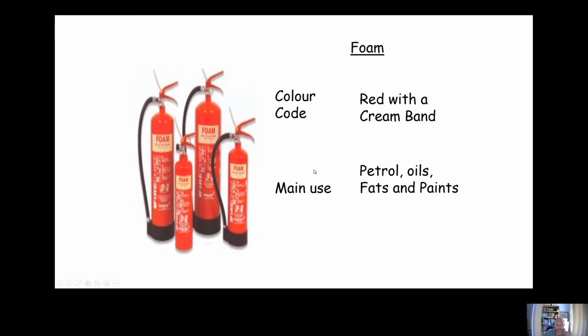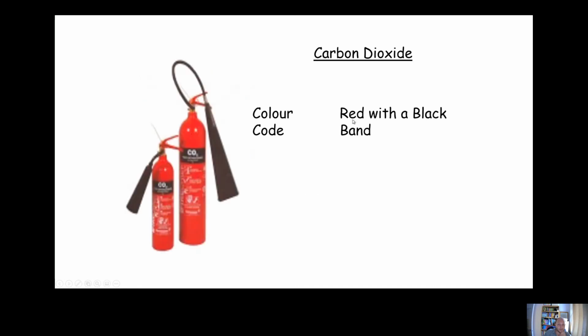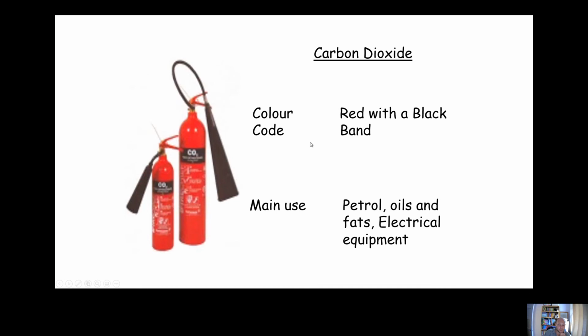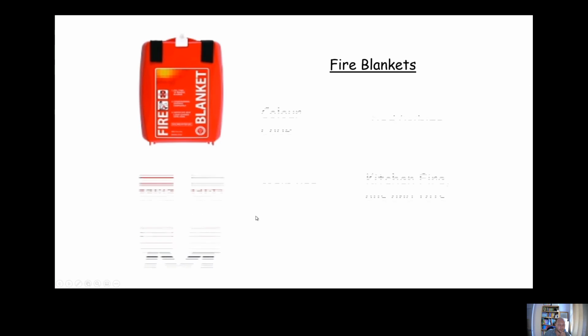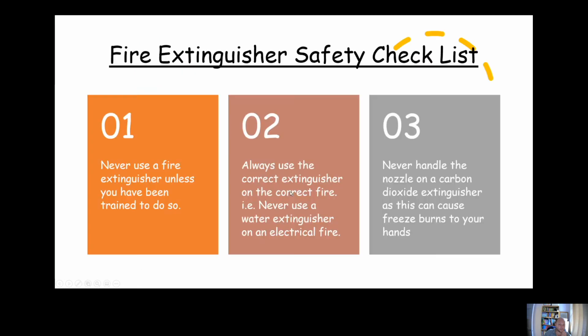It tends to be preferred for liquid fires as the ideal choice. And CO2 is red with a black band, and we mainly use it for liquid fires, Class B fires, or electrical equipment. Fire blankets are the ideal tool of choice for kitchen fires, for Class F fires.